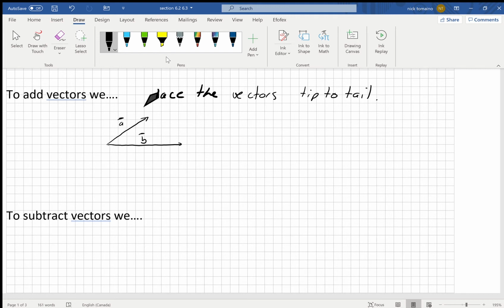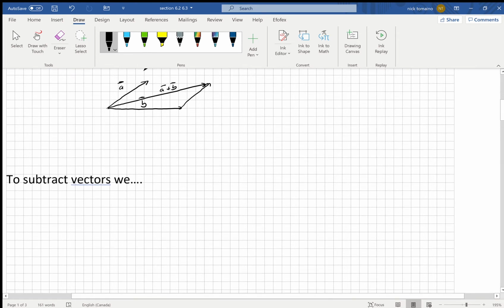So we can slide vector A, and then we start here and go to here, and this is called our resultant vector A plus B. Similarly, you could have slid B up to A and you would get the exact same vector. It doesn't matter.